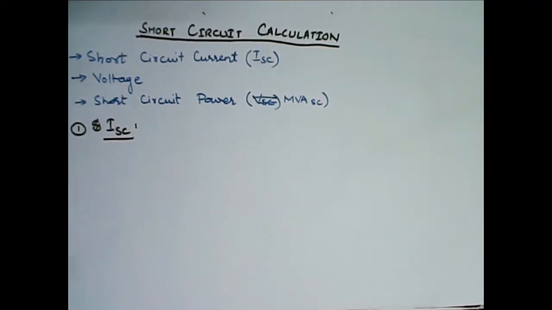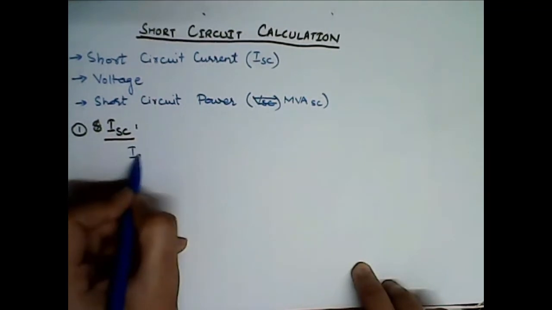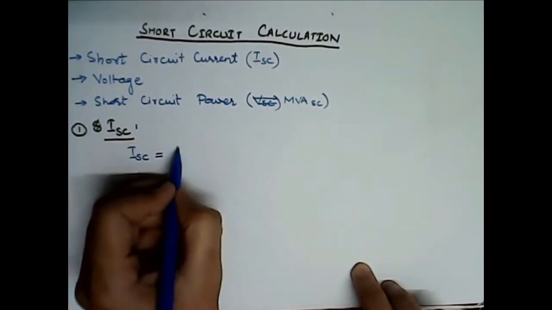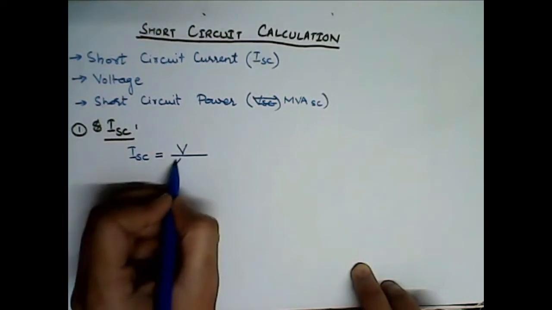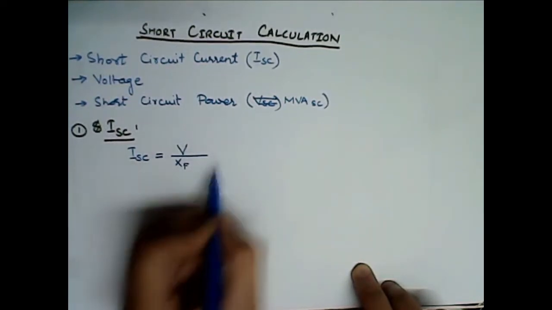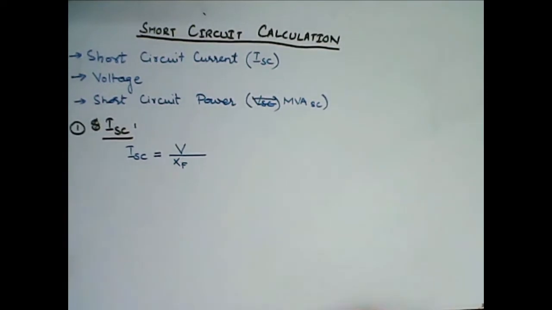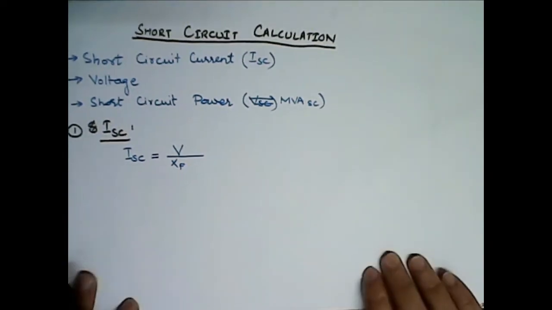The equivalent impedance between these two points is basically the determining factor of short circuit current, right? So the short circuit current ISC equals V divided by XF, where XF is the impedance up to the fault point.